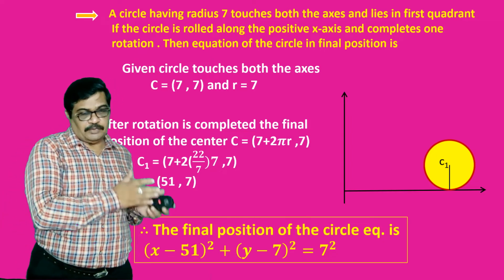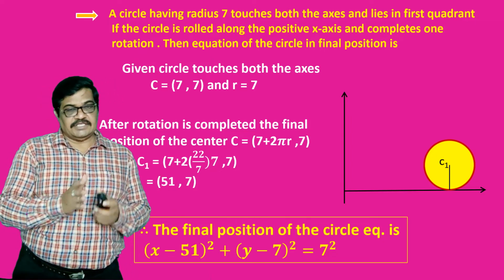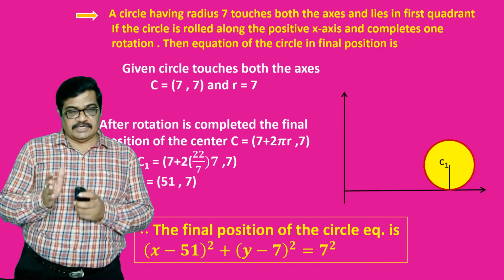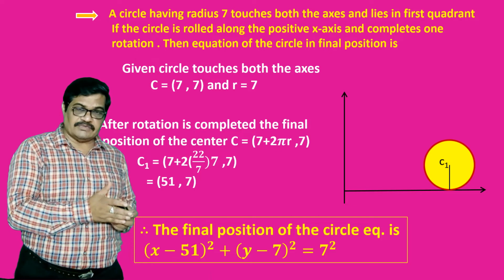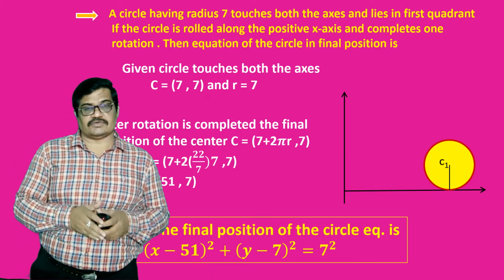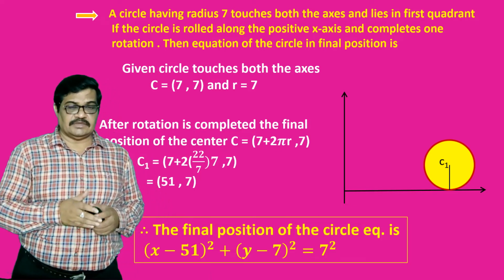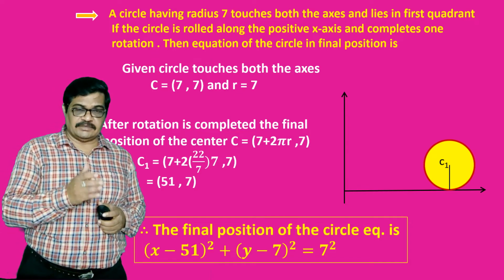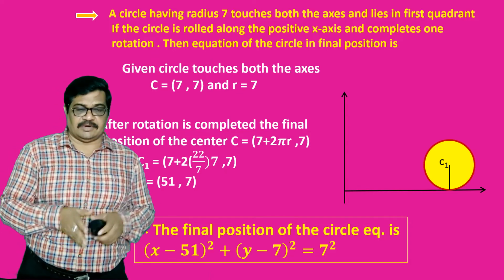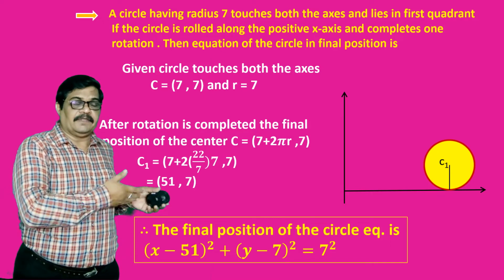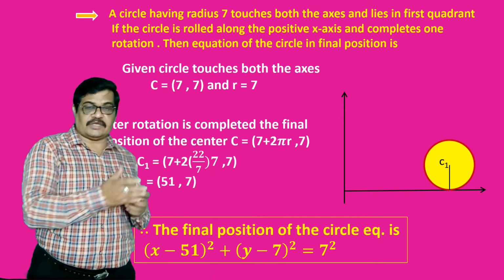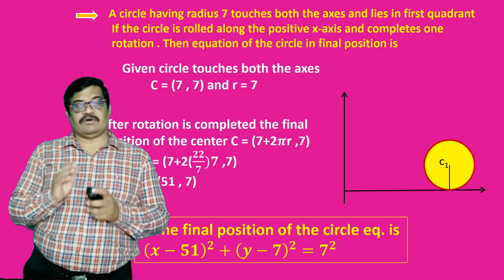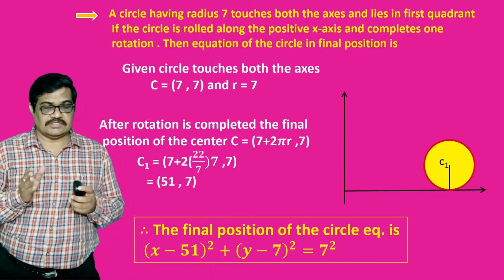Therefore, the equation of the circle in the final position is (x minus x1) whole square plus (y minus y1) whole square is equal to r square. Here (x1, y1) is the center in the new position, which is (51, 7). So the equation of the required circle is (x minus 51) whole square plus (y minus 7) whole square is equal to 7 square.